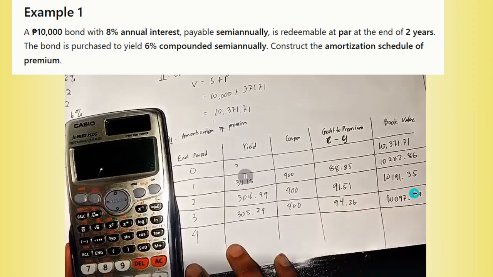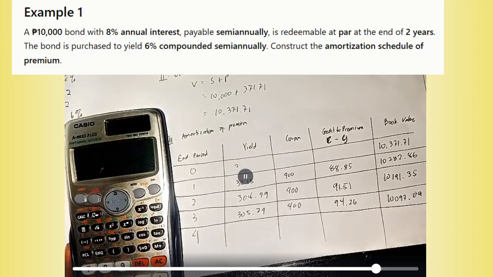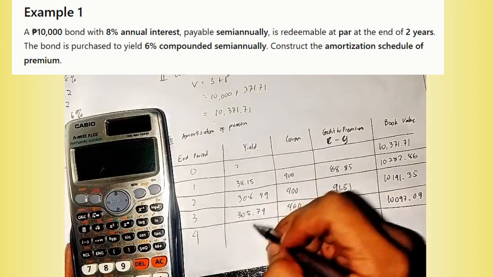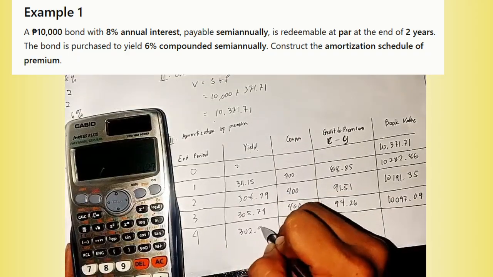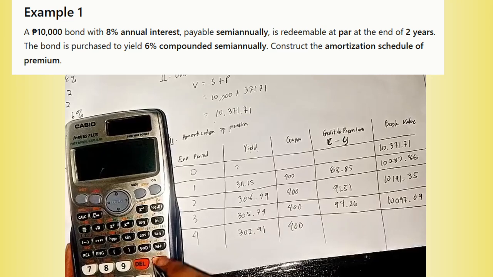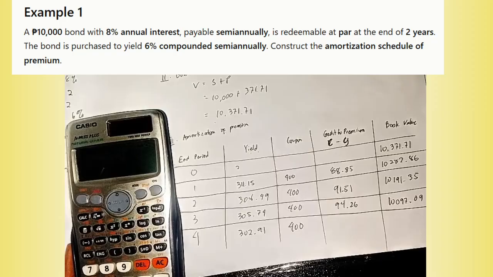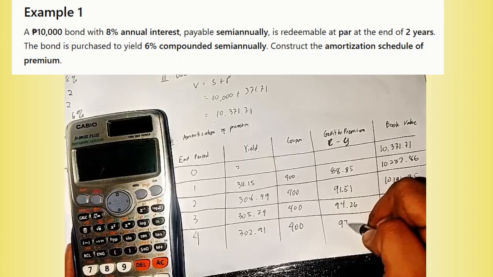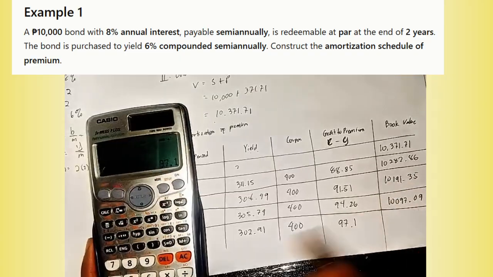Now for period 4, same process, the book value times 0.03 gives 302.91. Same coupon of 400, and 400 minus 302.91 is 97.09.